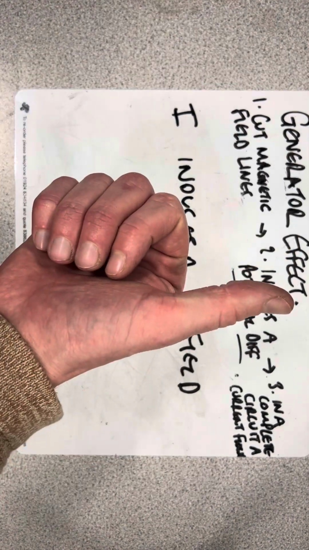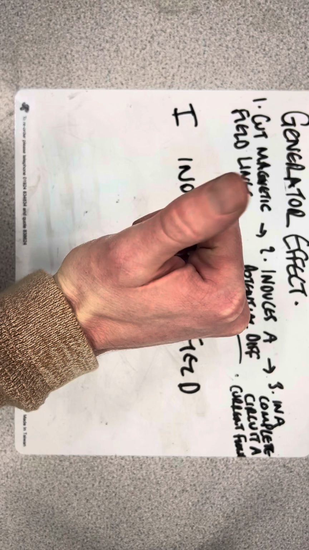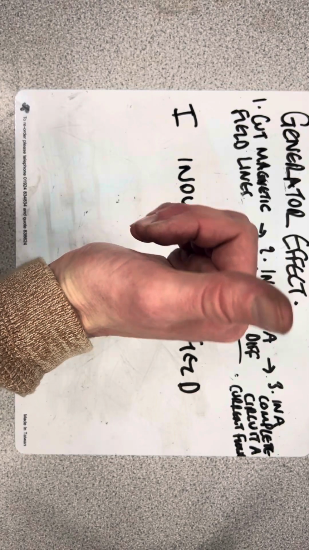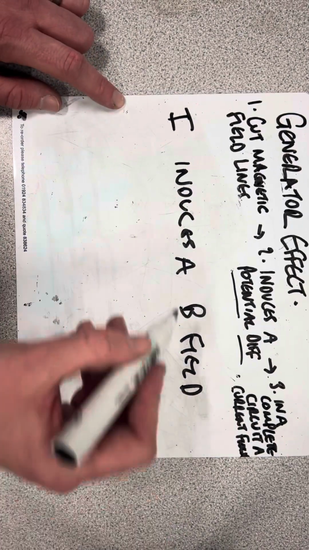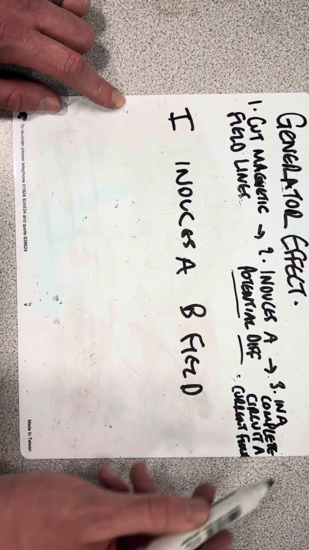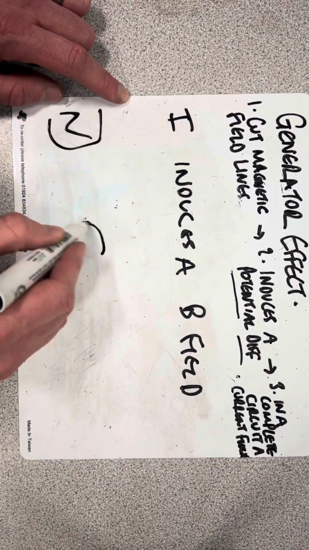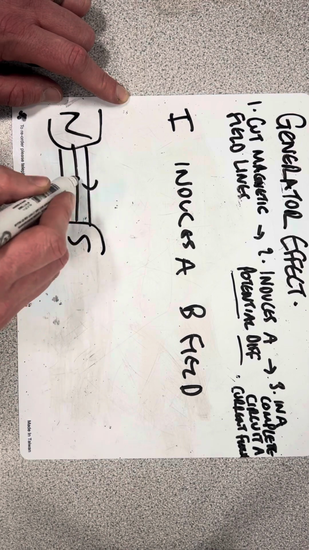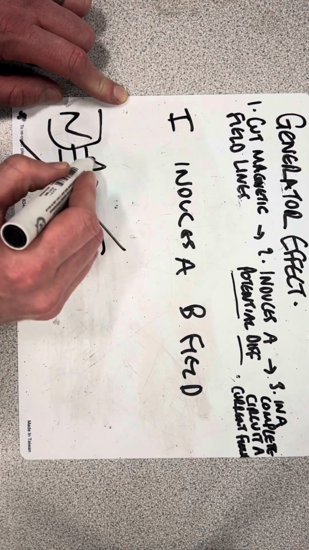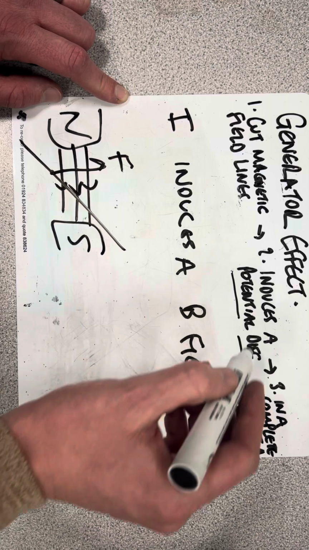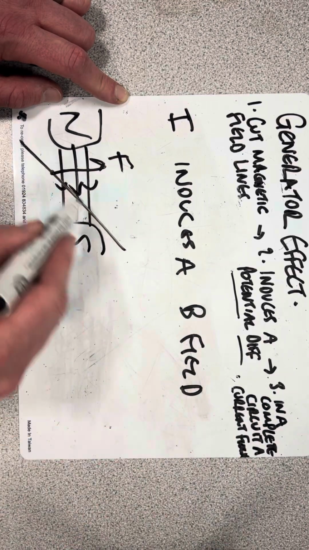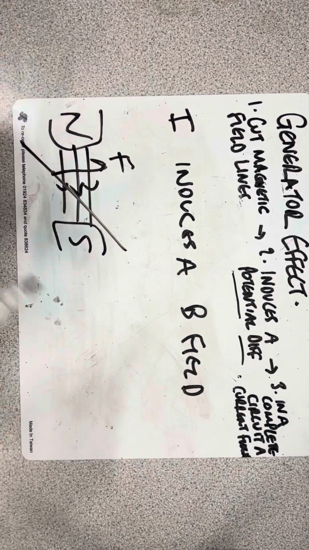So remember the right hand corkscrew rule? So if that's the direction of the current, my fingers show the direction of that magnetic field. So now you've got this induced field around the wire within the permanent magnetic field. Remember, we've got this permanent magnetic field with our field lines, and we've got our wire moving up through it. So we're inducing that potential difference, a current's flowing, and this wire will have an induced field around it.